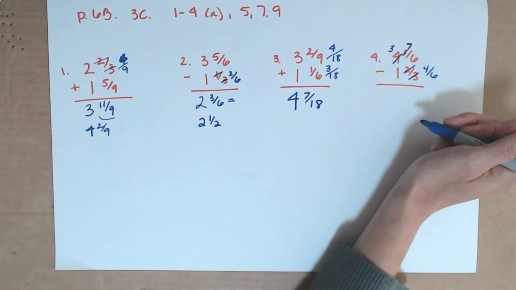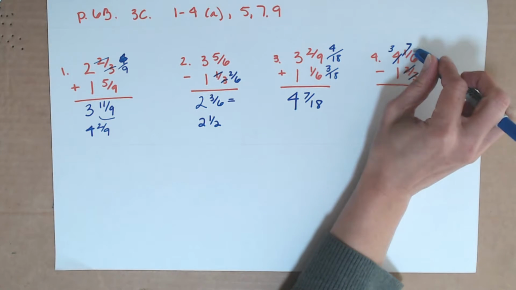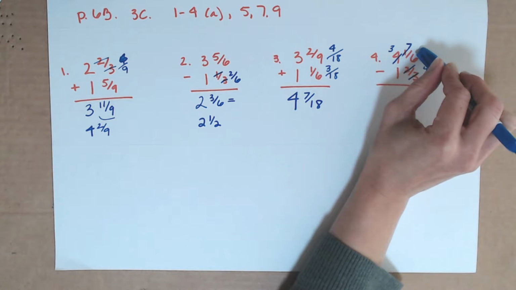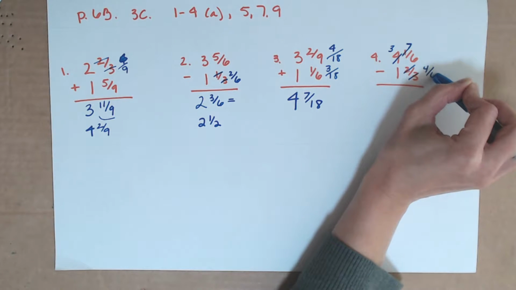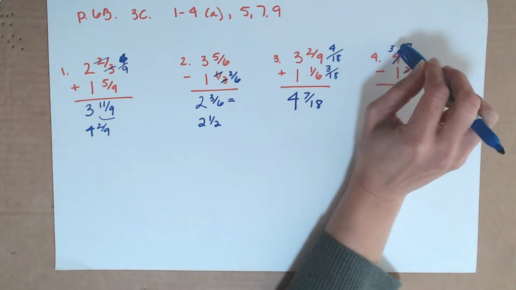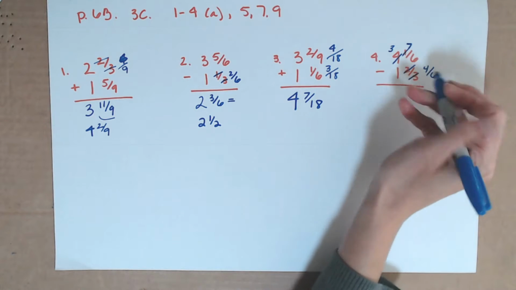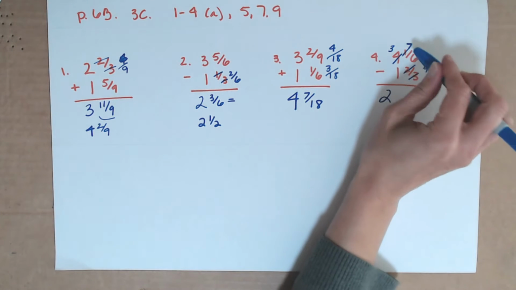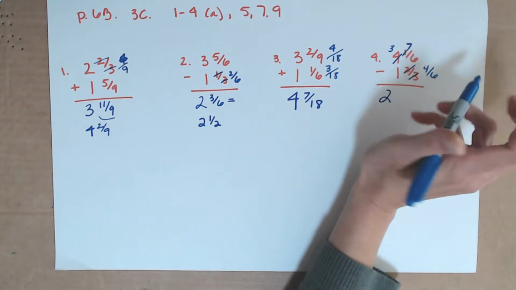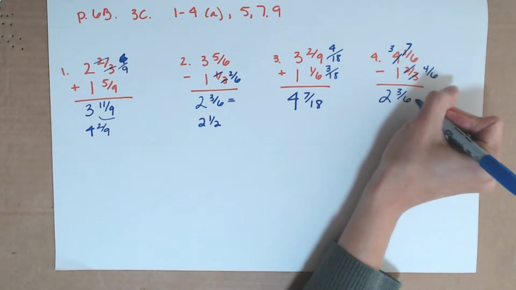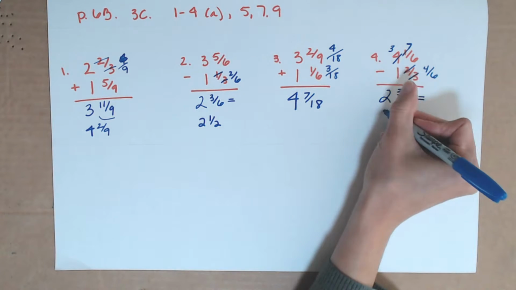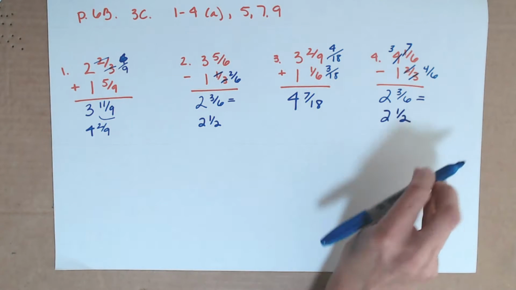Now we can subtract, because now the fractional part of our first number is greater than the fractional part of the second number. So we subtract our whole numbers. 3 minus 1 is 2. And then we have 7/6 minus 4/6 is 3/6. 3/6 is 1/2. So we get 2 1/2.